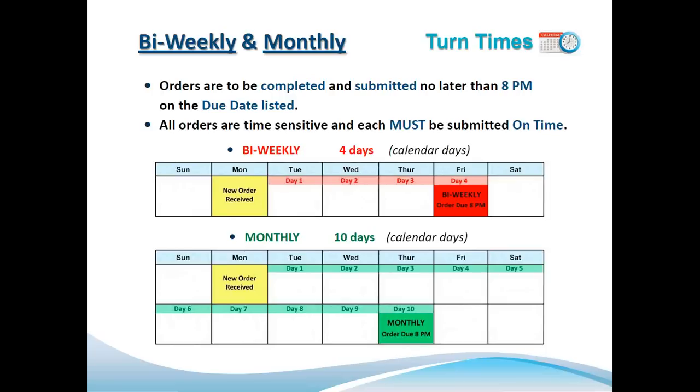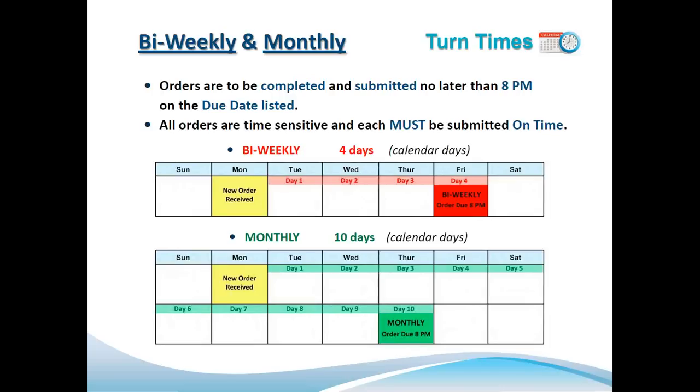For the biweekly inspection, vendors are allowed 4 calendar days to complete and submit a work order. For example, if an order was received on a Monday, the vendor would have until that Friday at 8 p.m. to have the work order completed and submitted back to Vector Field Services.